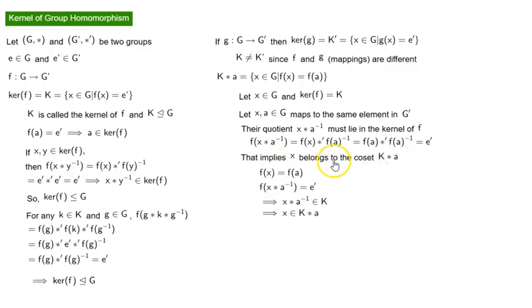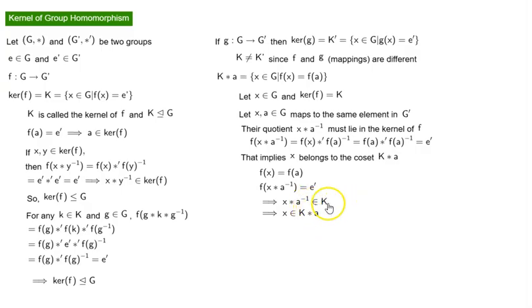Now let's prove this very quickly. f of x is equal to f of a, because x and a map to the same element in G prime. We have already shown that f of x times a inverse is equal to e prime, which implies x times a inverse is in K, which implies x is in Ka.